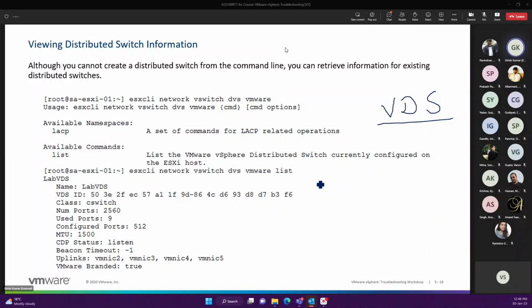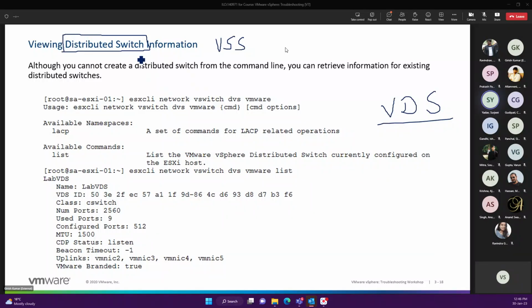Am I audible, guys? Yeah, Krish, you are. Yes. Okay. So how is the distributed switch different from your VSS, the standard switch?